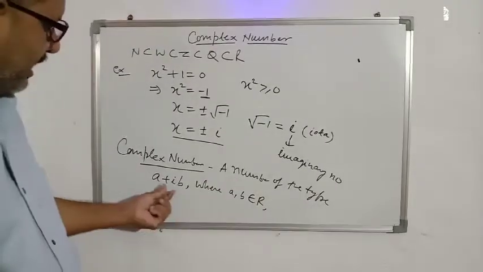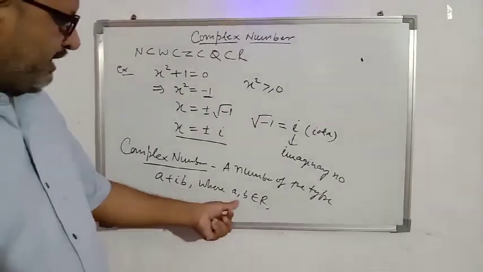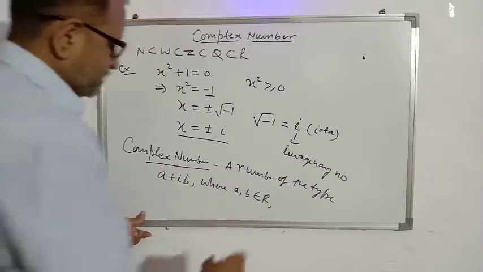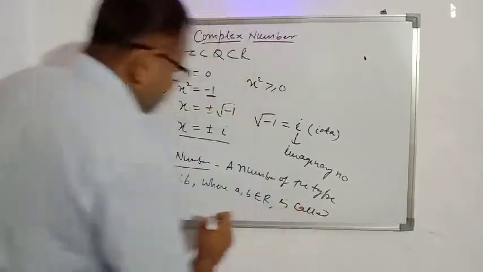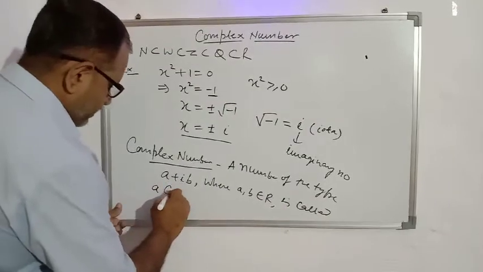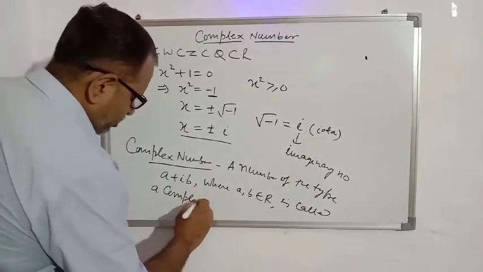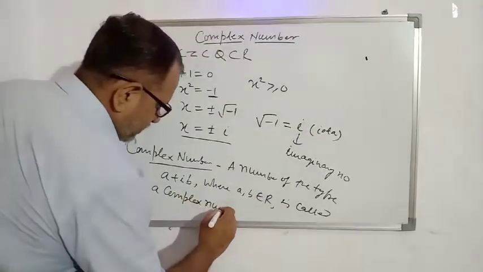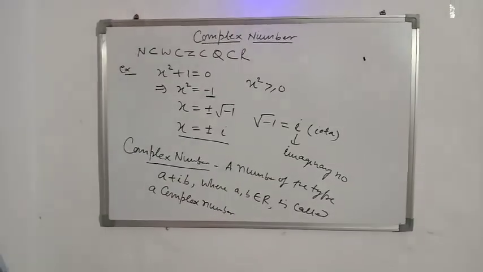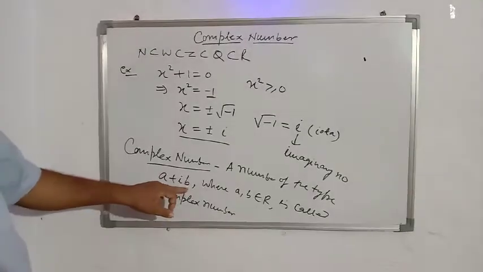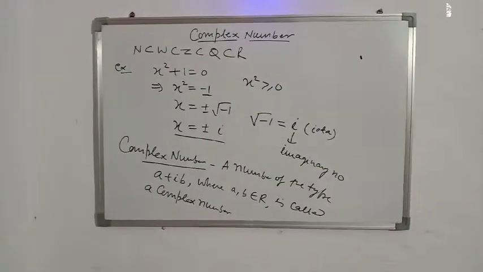A number of the type a plus ib where a and b are real numbers is called a complex number. It is the standard form of a complex number.